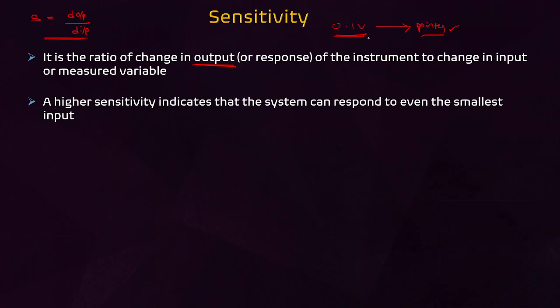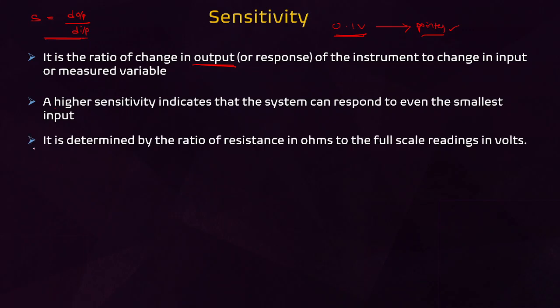So for the smallest input also, it can generate some output. We saw that guy also. Now, it is determined by the ratio of resistance in ohms to the full scale reading in volts.